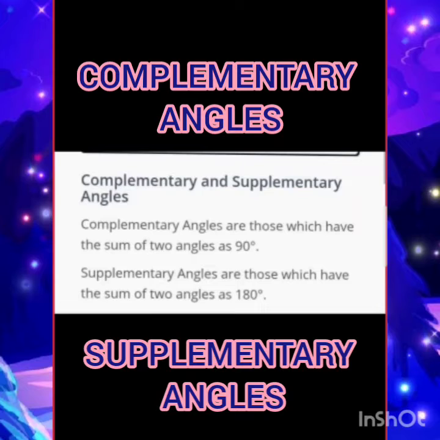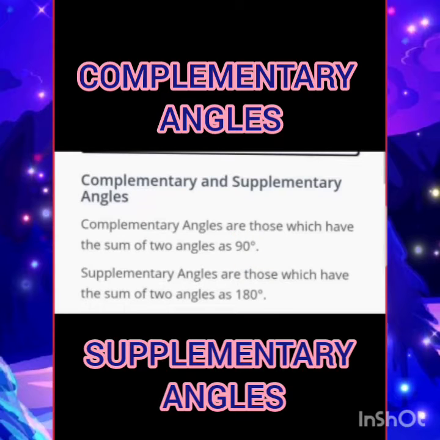Complementary angles are angles which have the sum of two angles as 90 degree. You will always find them in a pair. You will find complementary angles or supplementary angles in a pair. The reason behind that is the sum of both of the angles must be 90 degree.